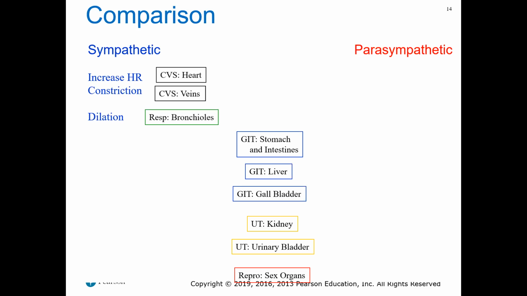What matters is that you have enough glucose and oxygen going to your muscle cells, and you're sending blood to your brain and heart and lungs and muscles so that you can do something. So you open up your airways, but you restrict blood flow to the skin and to the digestive system and to the reproductive system and to the urinary system because they're not essential right now.